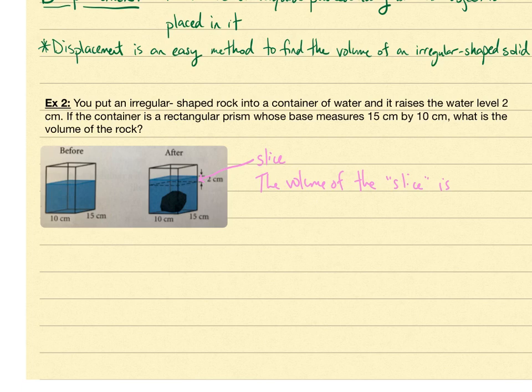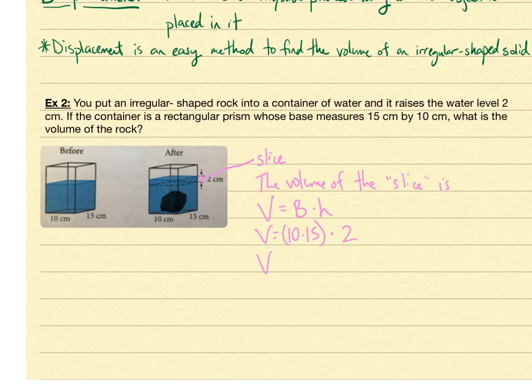is, let's think about how to find the volume of a rectangular prism. That little slice is a rectangular prism. If you remember, we take the area of our base, the big B, times the height. Well, this has a rectangular base, so the area of my base is 10 times 15, length times width. The height of my slice is 2.